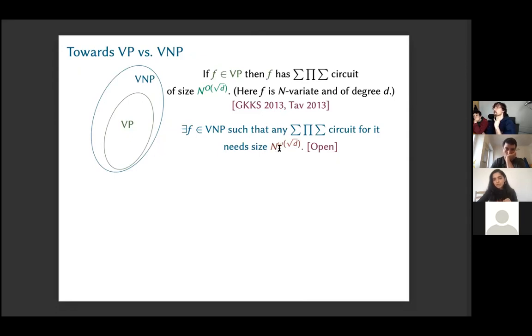So it's n to the little omega square root d. This is open. But if somebody is able to prove this, just give a polynomial in VNP for which there are no depth 3 circuits of this size, then we would have separated VP from VNP. Unfortunately, we don't know this.